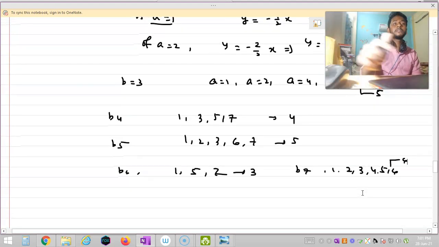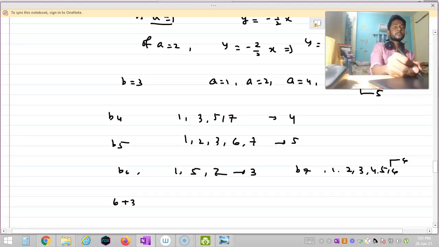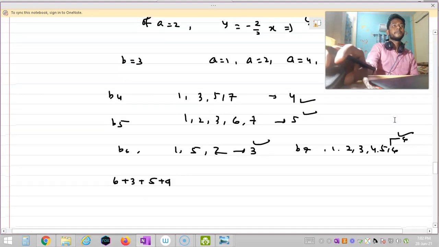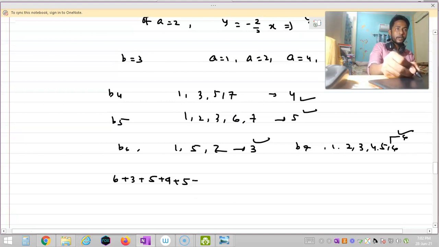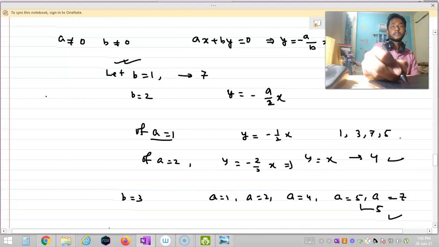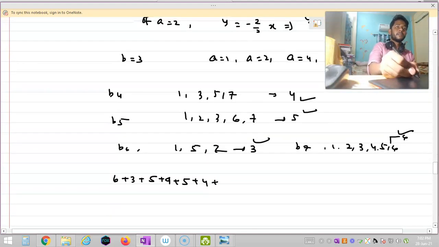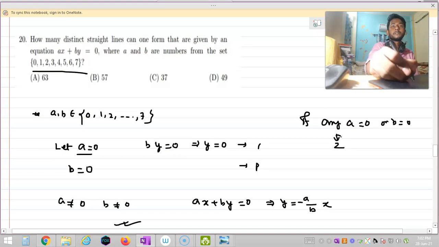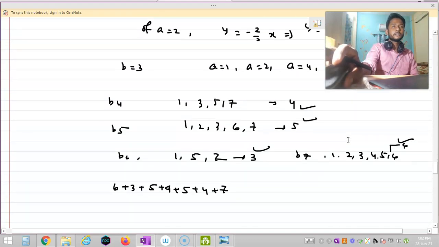So the total possibilities is equal to 6 plus 3 plus 6 plus 3 plus 5 plus 4 plus 5 plus 4, again 5, again 4, and first there are 7 possibilities for b equal to 1, plus the 2 possibilities from a or b equal to 0.